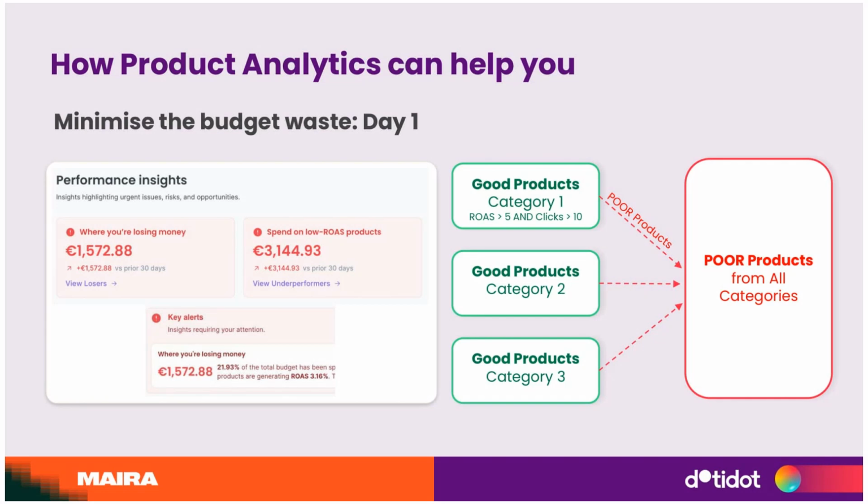And then take the poor products, because you still want to promote all of them, and move them into a separate campaign, so you can control how much money goes into the poor products. The fact that they are poor at this moment doesn't mean that they will stay poor forever. They might be the new trend, a new season, anything, and they will gain performance and go back to your good products.